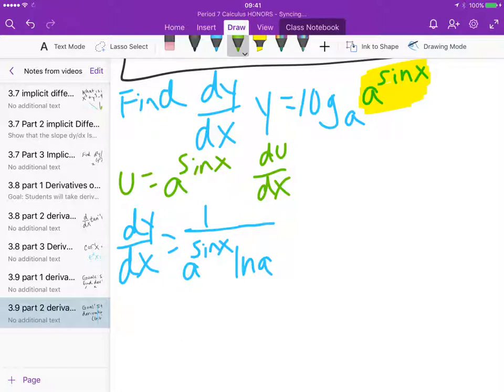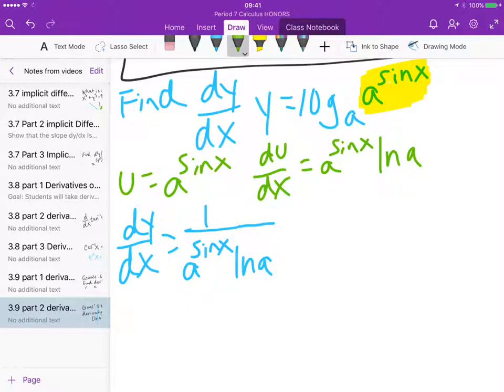We know a to the sine x, we have that natural log of a being multiplied by the original a to the sine x. So we're going to be looking at a to the sine x being multiplied by the natural log of a. And then we need to multiply that by the derivative of sine.